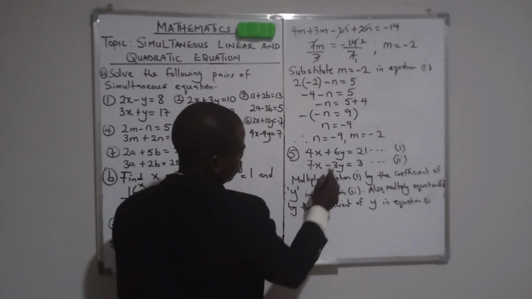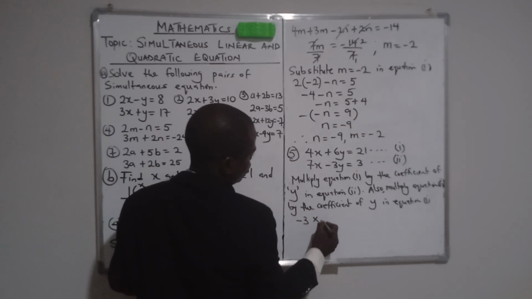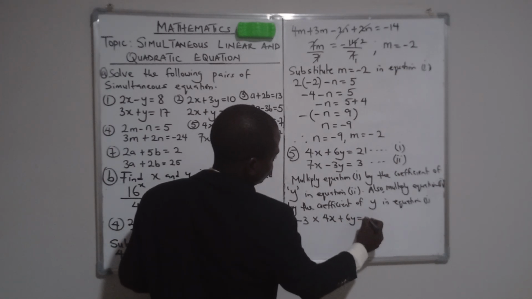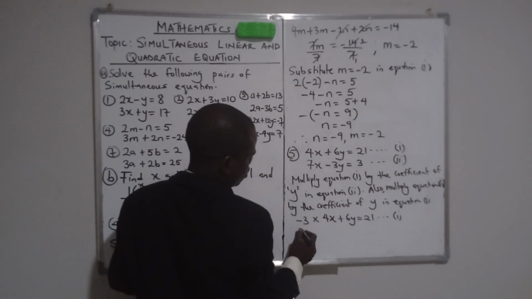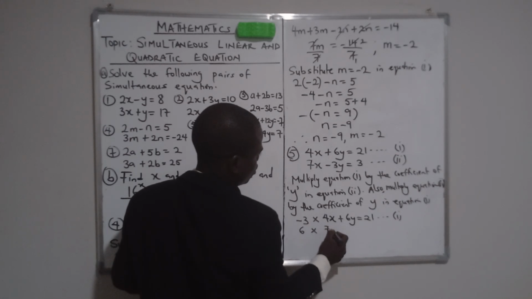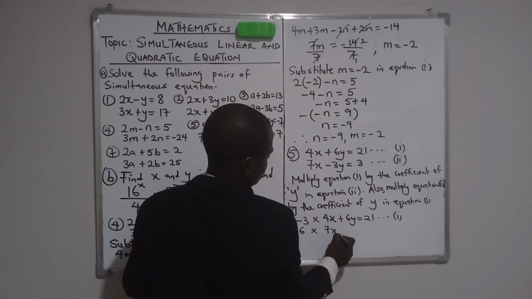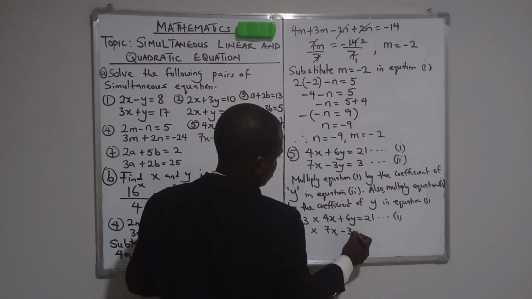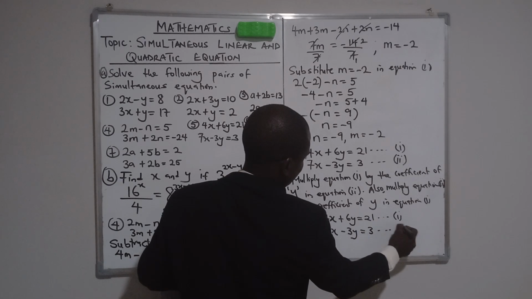In that case, it should be minus 3 times 4x plus 6y equals 21. So that's our equation 1. And use 6 here. 6 multiplied by 7x minus 3y equals to 3. Equation 2.